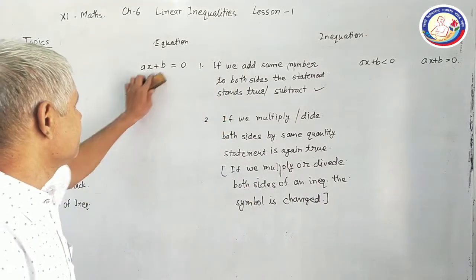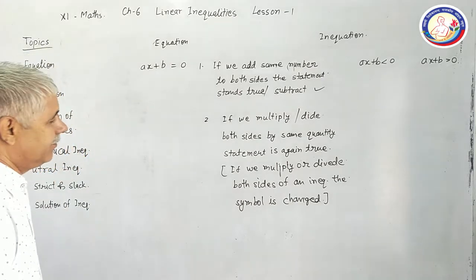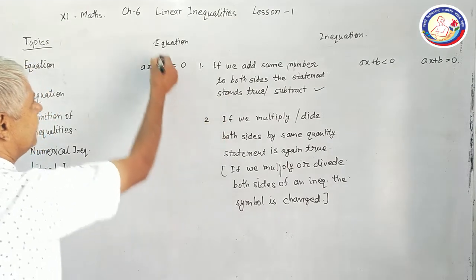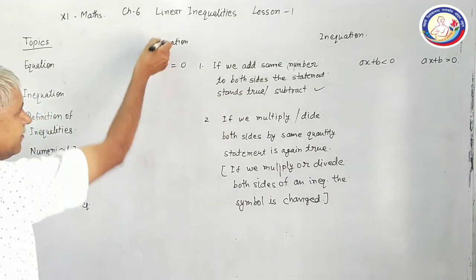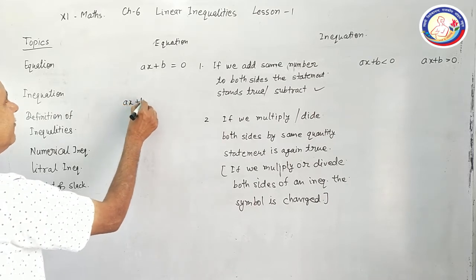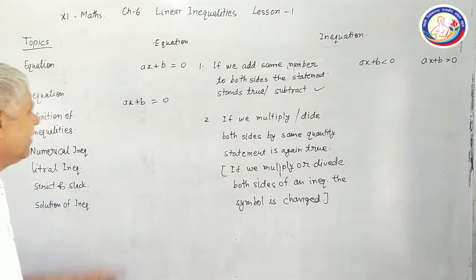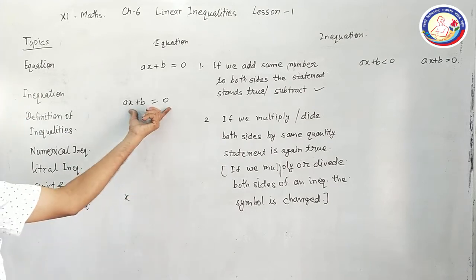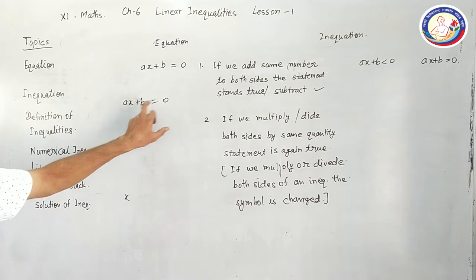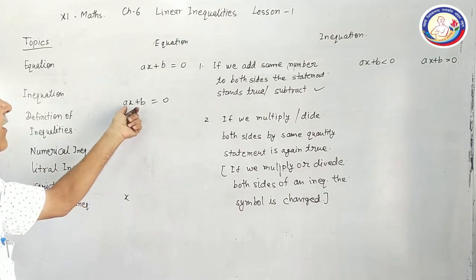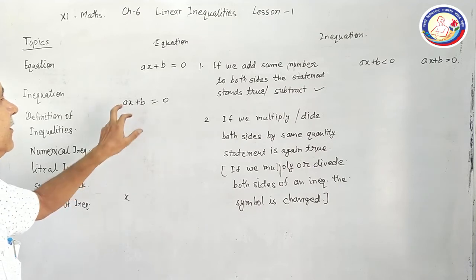How can we find the solution of any equation? I am explaining it in brief. We have to find x. I come to the point I left earlier. Ax plus b equal to 0. I want only x here. We know these two are equal. So if we subtract b from this and b from this, I can eliminate b from here, and I will be left with ax.